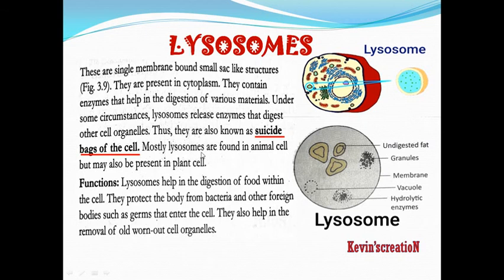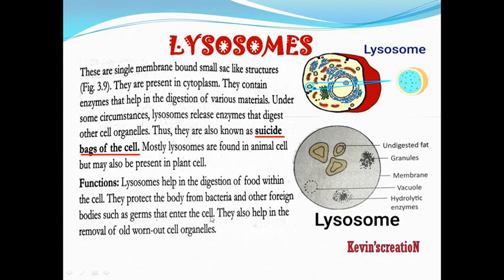Mostly lysosomes are found in animal cells, but they may be present in plant cells. Usually they are not there, but they may be present also. The function is that lysosomes help in digestion of food within the cell. They protect the body from bacteria and other foreign bodies such as germs that enter the cell.